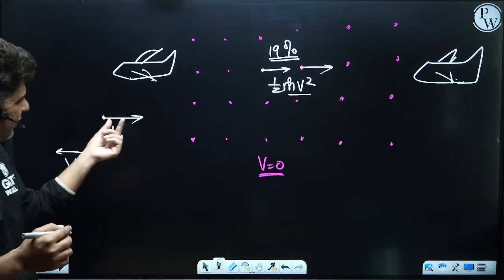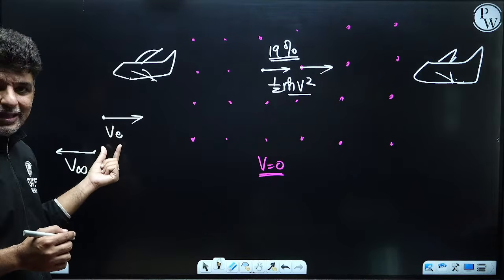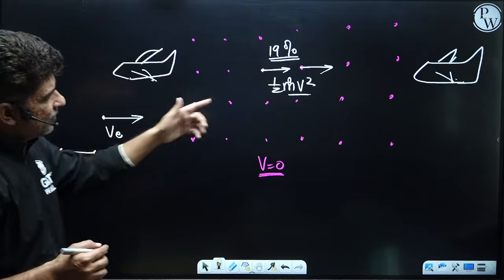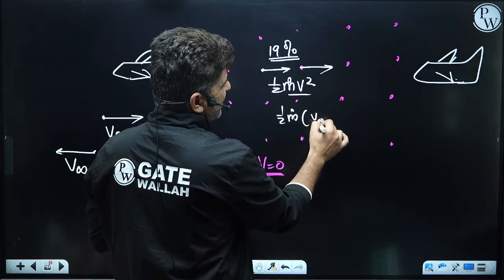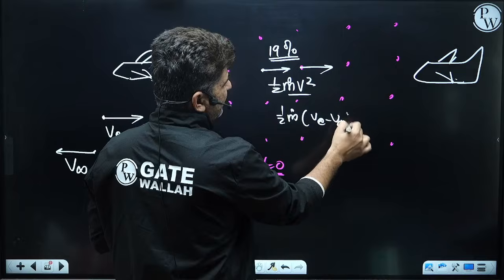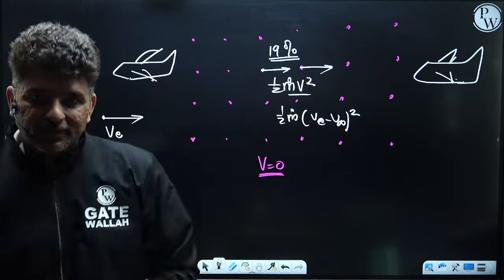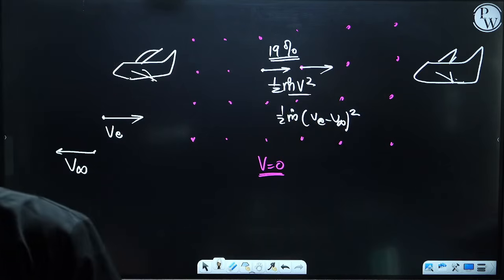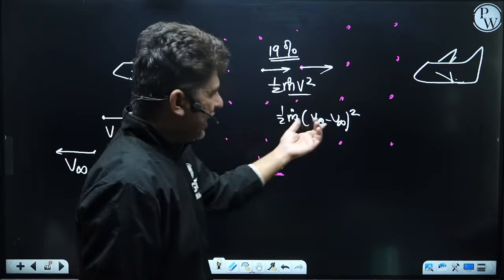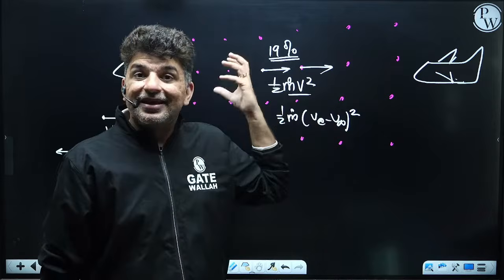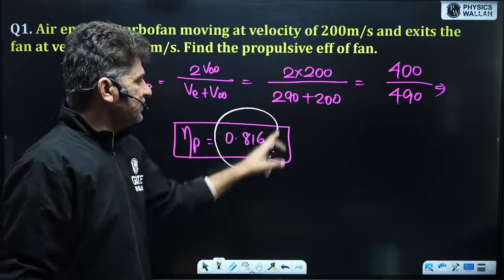So the air particles have received energy of half of m dot into (v exit minus v infinity) square. They have got this energy, and this is the 19% which you cannot convert into propulsive efficiency.